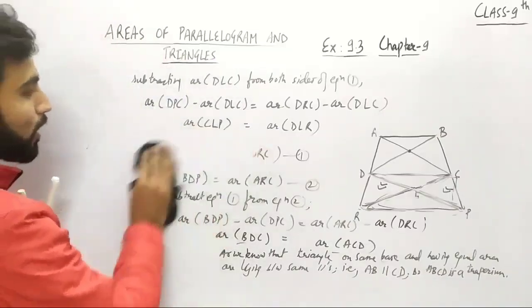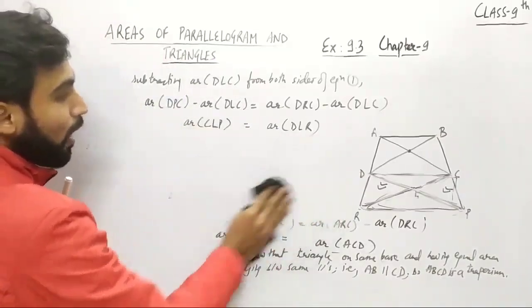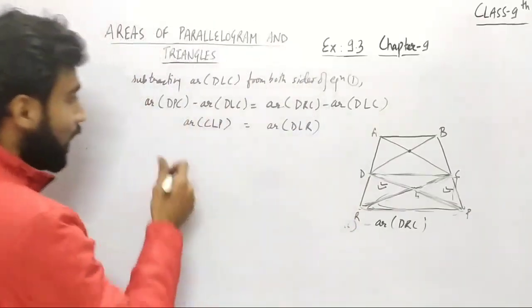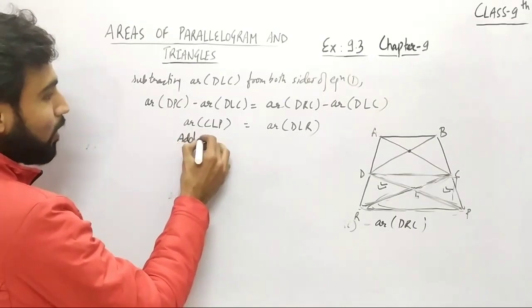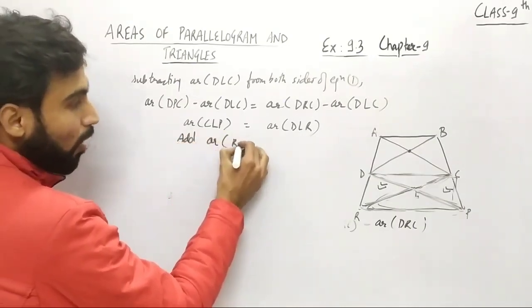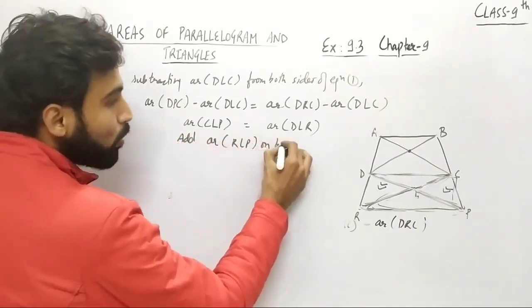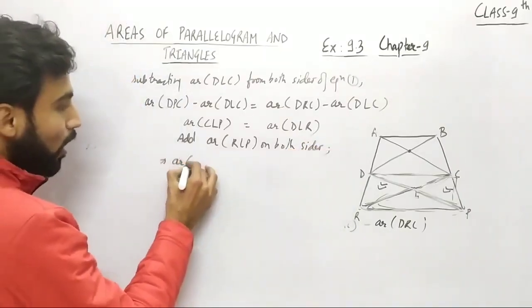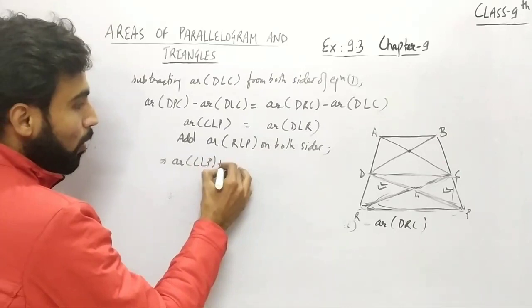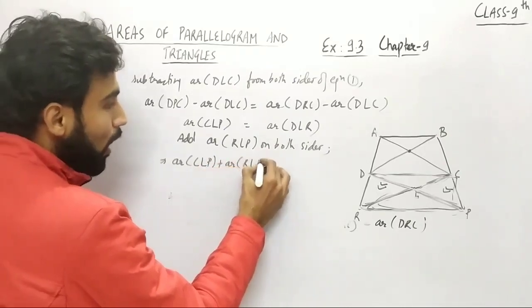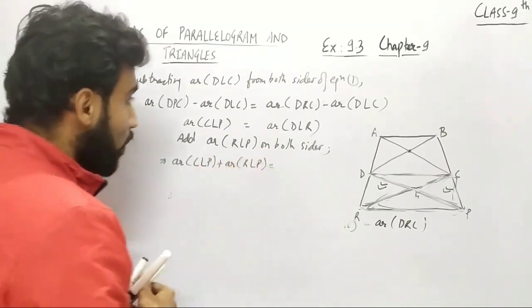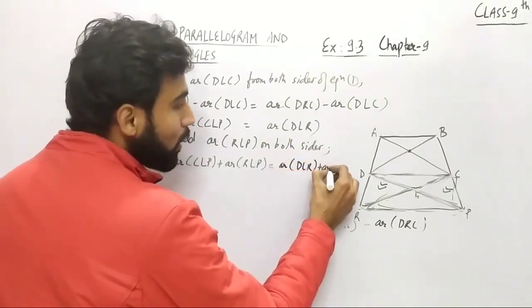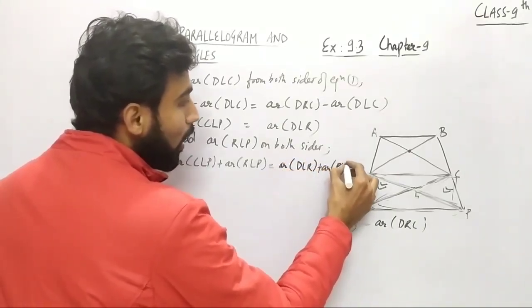Just what you have to do here is simply add. So what you have to add here is area of RLP on both sides. That will give you area of CLP plus area of RLP is going to be equal to area of DLR plus area of RLP.